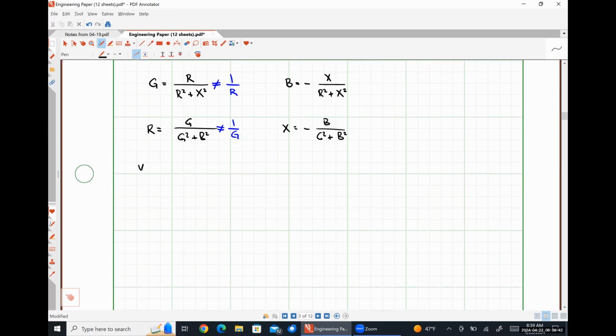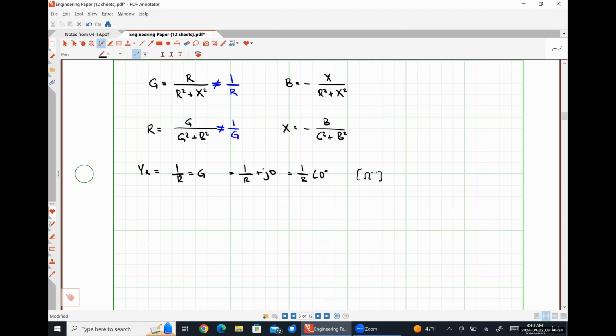The admittance of a resistor by itself is simply 1 over R or G. So this would be expressed as, actually, let me do it like this, 1 over R plus J0 or 1 over R angle 0 degrees with units of the inverse of an ohm.